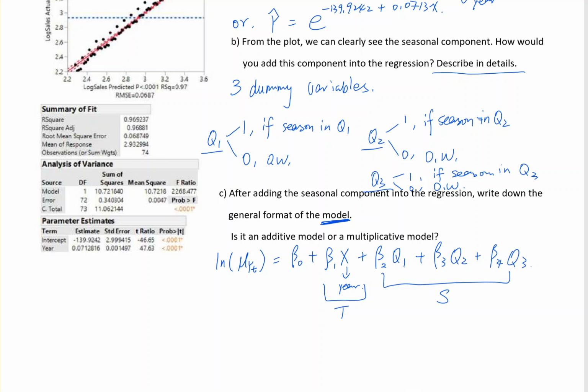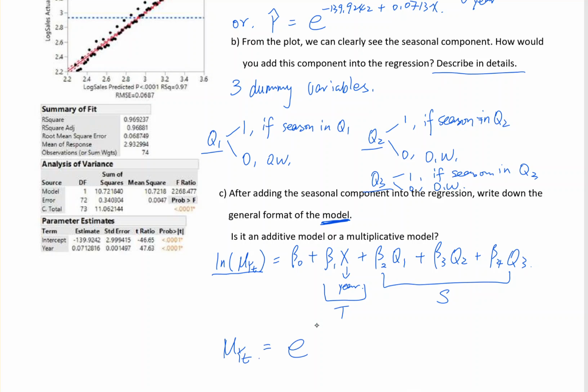And then the question is asking, is it an additive model or a multiplicative model? Remember that now we have the trend plus the seasonal component, right? But it is about the natural log of y, right? But our final model is always about the y itself, right?